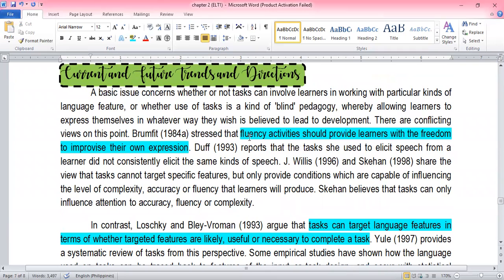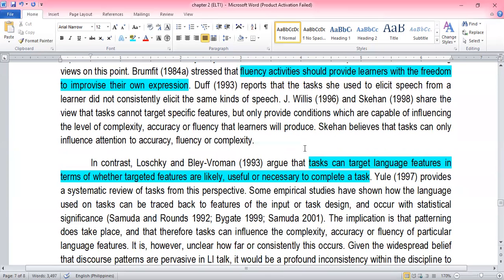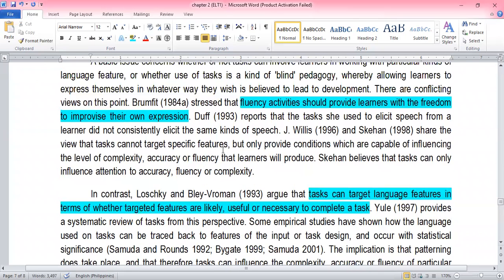Na they are given the freedom to speak however they want to speak the L2, but according to Loschke and Blave Roman, tasks can target language features in terms of whether targeted features are likely, useful, or necessary to complete a task. So, dito sa first, idea ni Brumfit is that student-centered siya na the students are given the freedom on how they want to utilize the language.